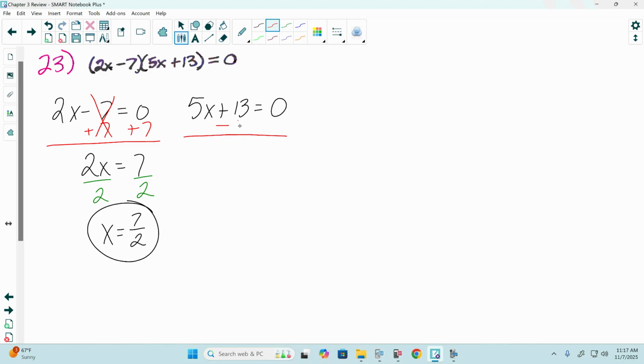Now we can do the exact same thing for 5x plus 13. We'd subtract 13 from both sides. And then divide both sides by 5, telling us x is equal to negative 13 fifths.